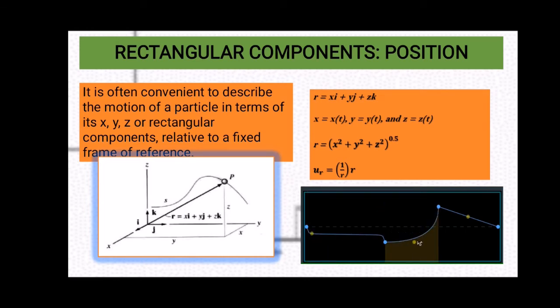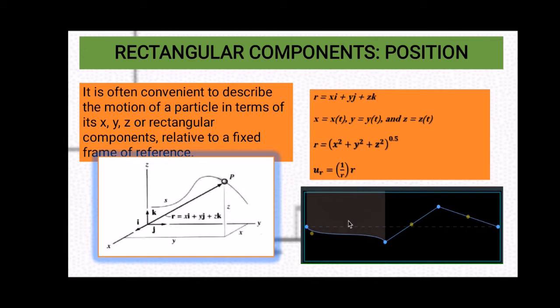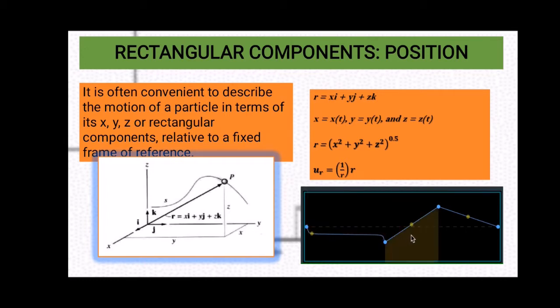In this graph, the position of the particle can be defined at any instant by the position vector, or r is equal to xi plus yj plus zk. The x, y, z components may all be functions of time, so x is equal to x of t, y is equal to y of t, and z is equal to z of t.